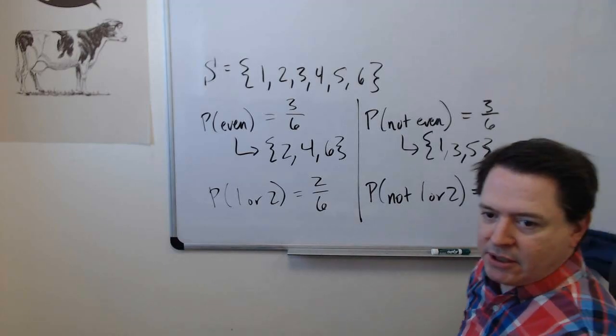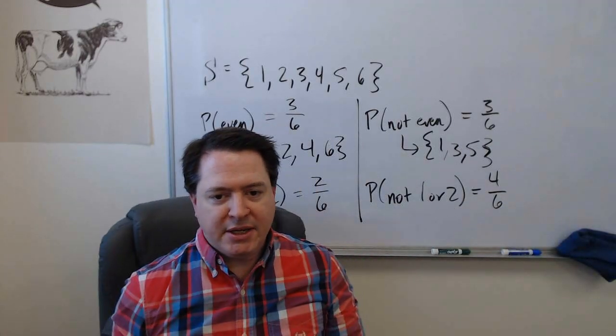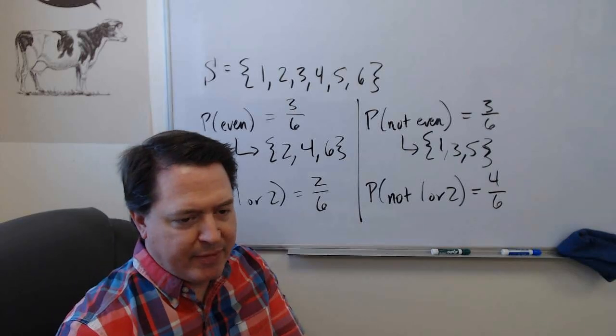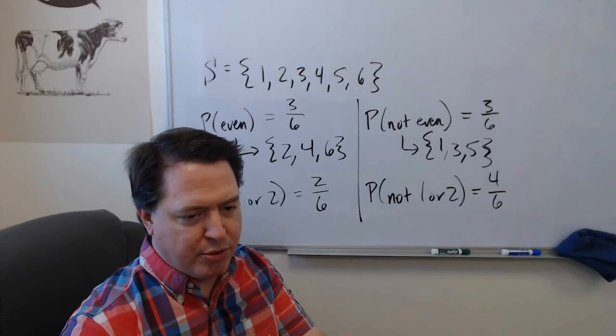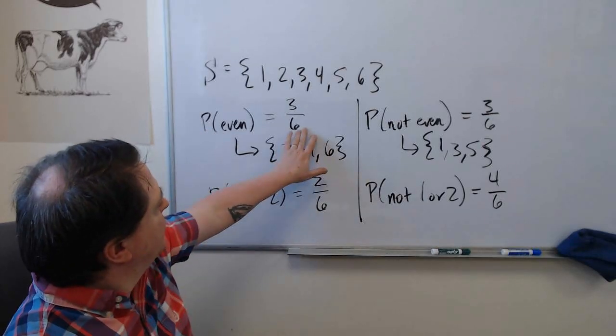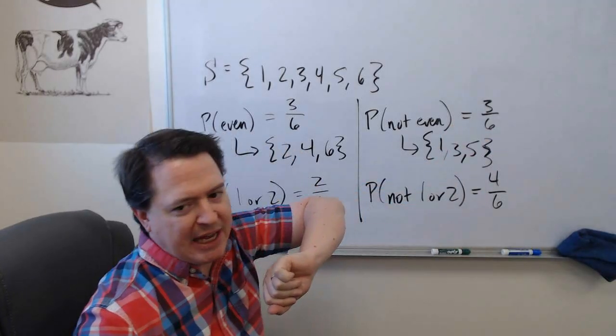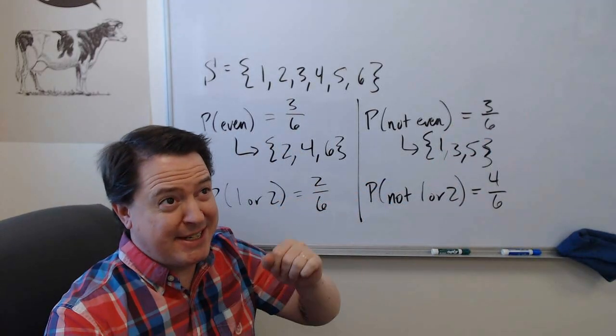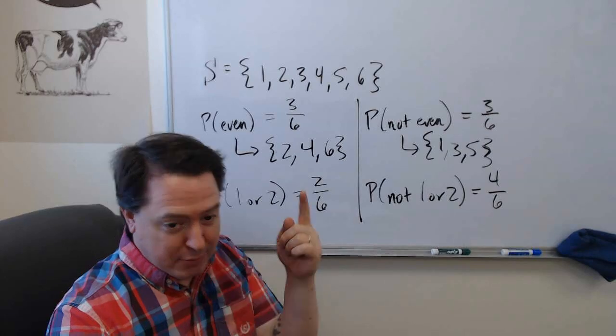Okay, so I want us to notice something here because it'll help us as we go through this. What does 3/6 and 3/6 add up to? 6/6, which is 1.